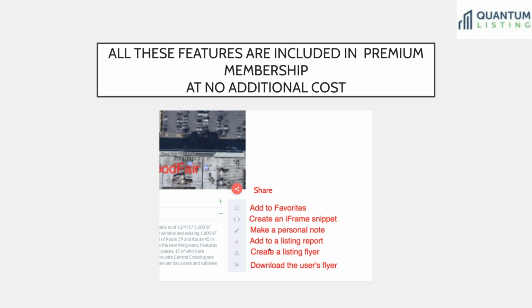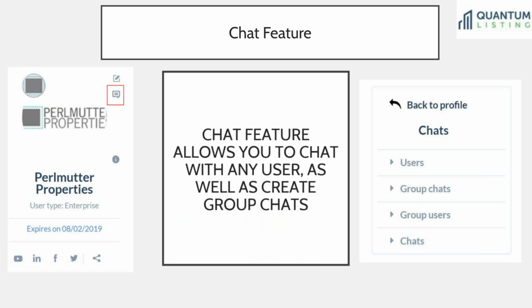And create a listing flyer is for when you've added information and images, or someone else has, and they haven't necessarily added their own company flyer. Then they can click create a listing flyer, and Quantum Listing will create a flyer for you and download the user's flyer, fairly self-evident.